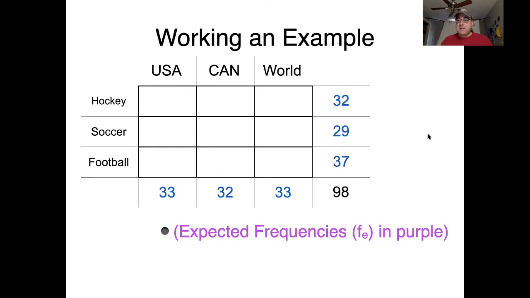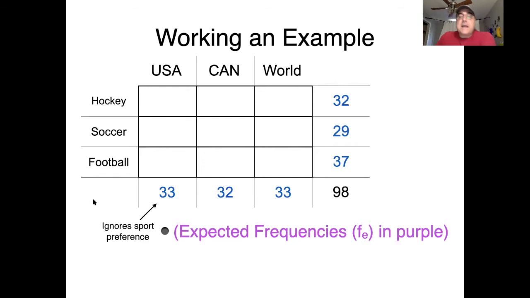So we're going to do the same thing here that we did with the apples and color thing and say 32/98 is how probable it is that you're in the hockey row, and 33/98 is how probable it is that you're in the USA column. Well, the probability of being in this row times the probability of being in this column is the actual number of people that you're going to get in the USA hockey box if you multiply that probability by 98.